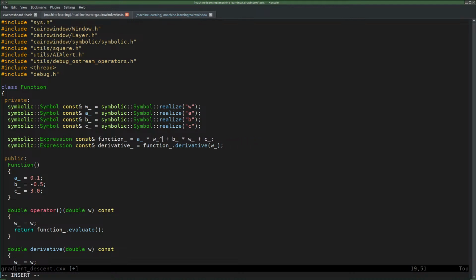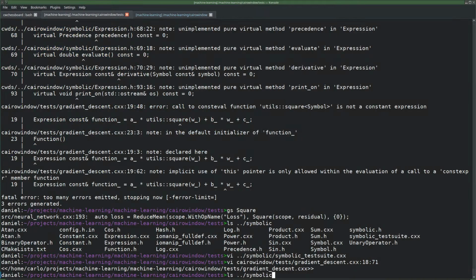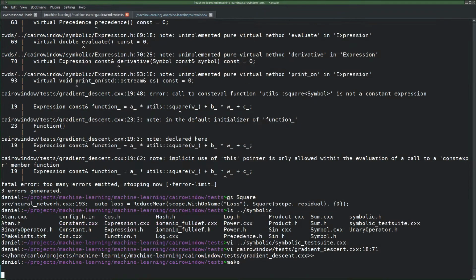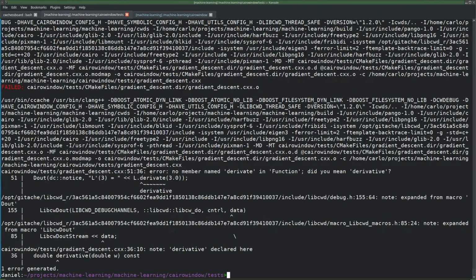Either that or I can just do a square. Duh. But then I have to put parentheses around it because of this stupid precedence. Yeah, there I go again with the derivate.